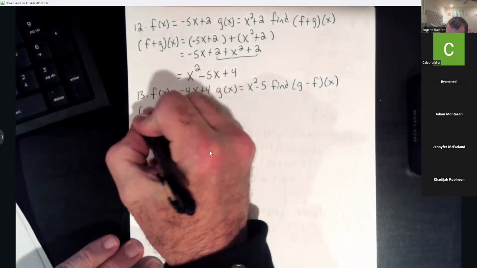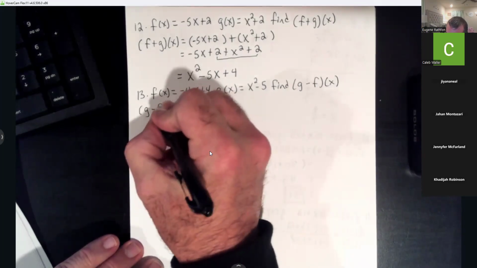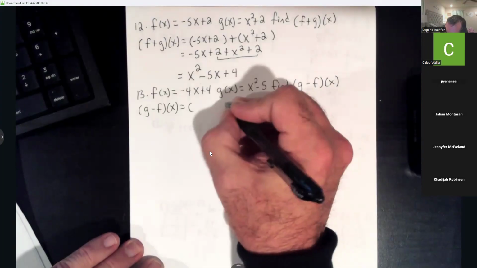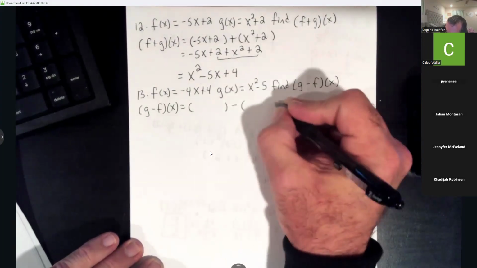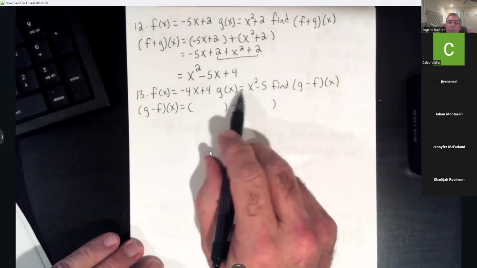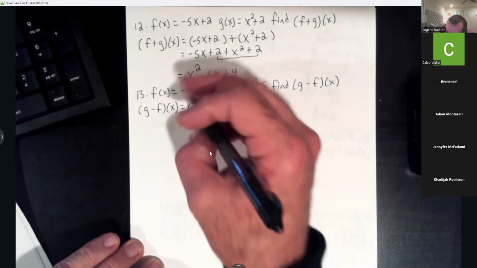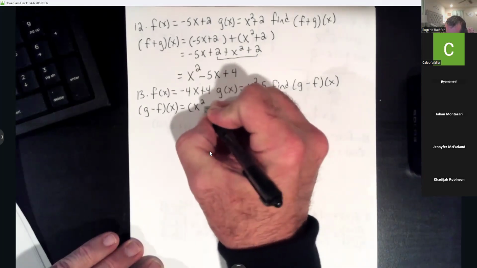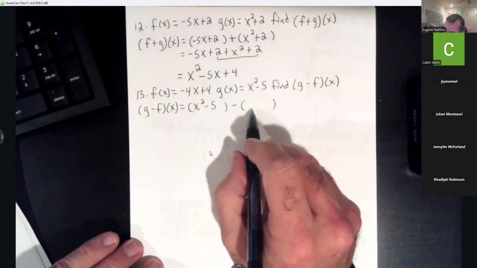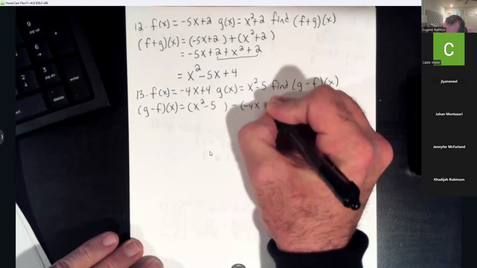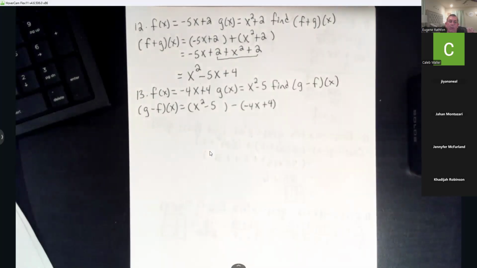All right, so y'all, here we go. g minus f of x will be my g minus my f. So g is first on this, so bring out that x squared minus 5. And then for your f, put in negative 4x plus 4.